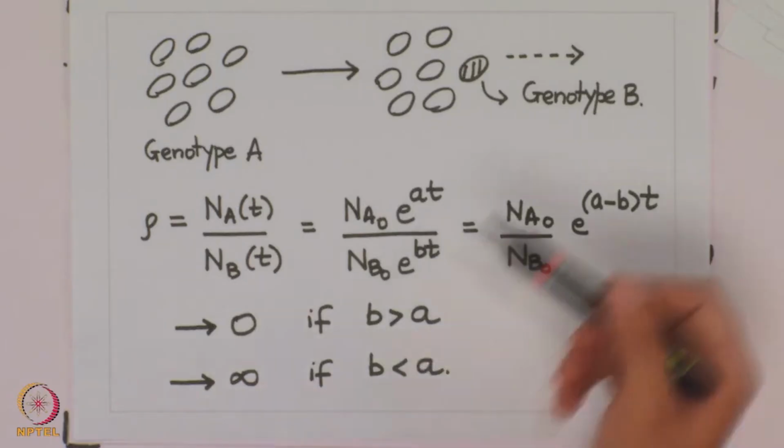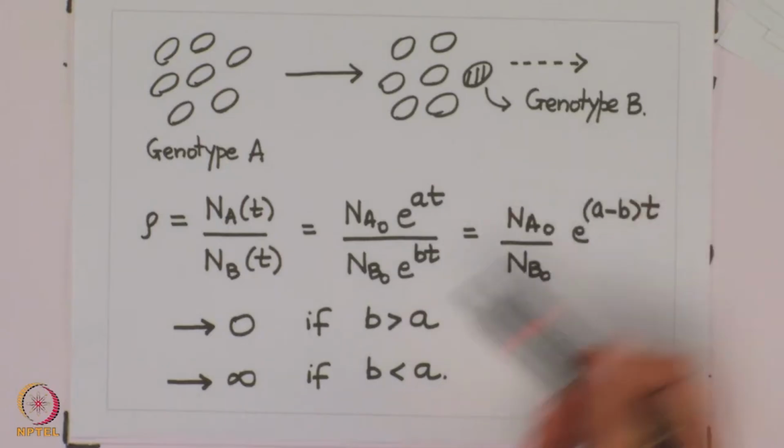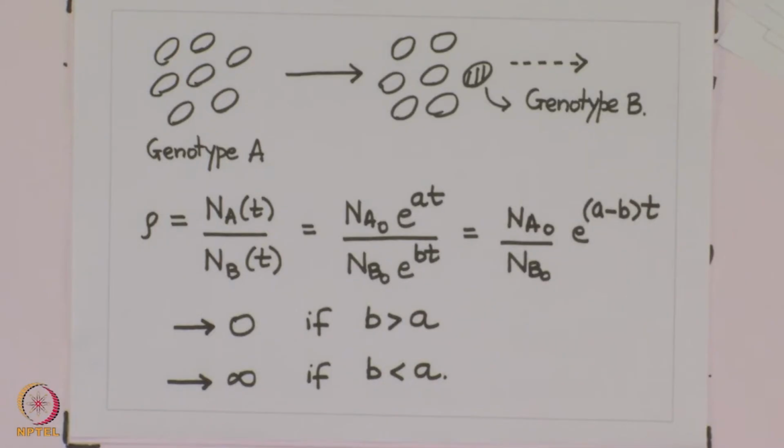So, whether a mutant survives or not depends on the fitness associated with that particular mutant and how well it grows in comparison with the parent genotype that the mutation has arisen in.